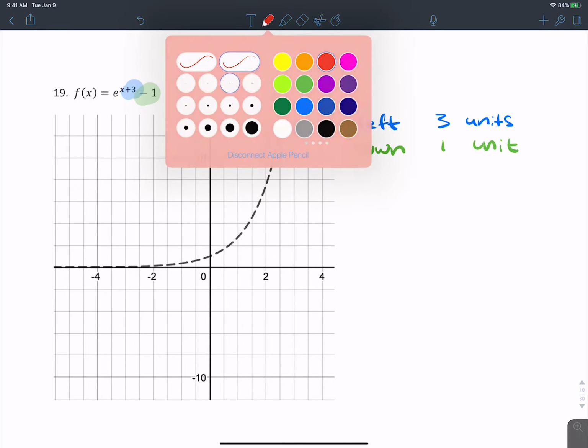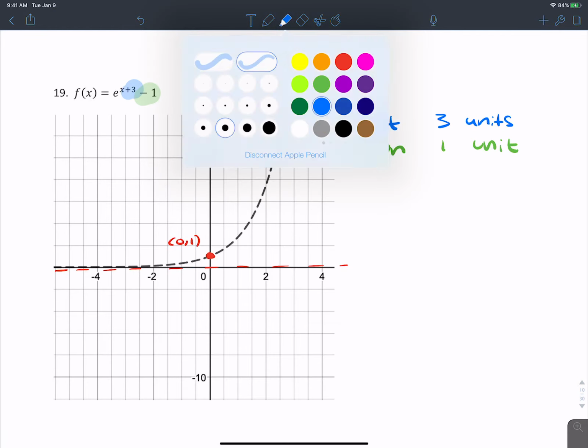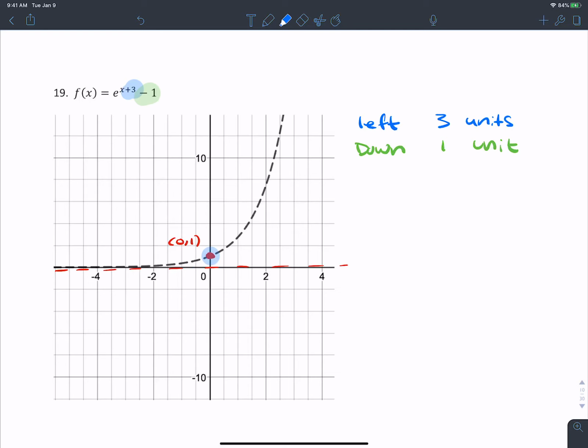I want to remark here that for an exponential function, you never cross the x-axis. And this location here is always special. That's where (0, 1) is, that point. And that's my new reference point. So I like to use this point here as a reference. That point's going to get moved to the left 3 units and down 1 unit.